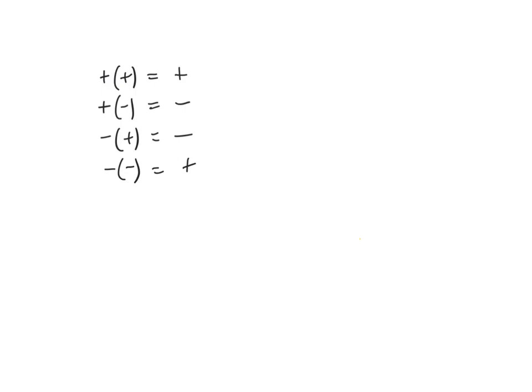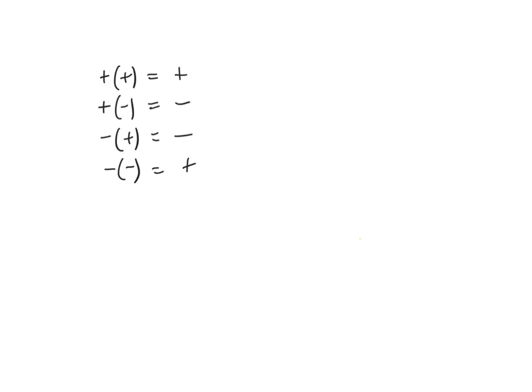So when you're multiplying things, all you have to do is recall this here. A positive times a negative is a negative. A negative times a positive is a negative. So you set your sign first, and then you just do the multiplication like you normally would with the numbers that you have.